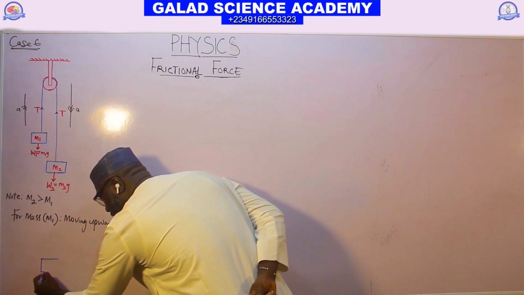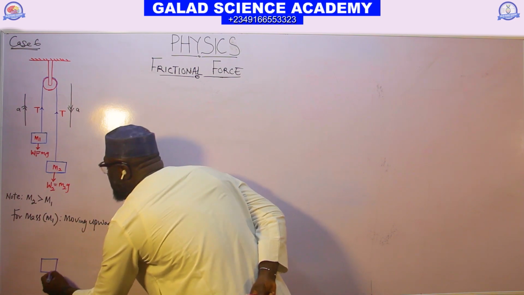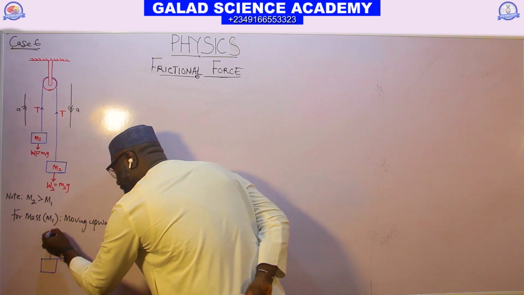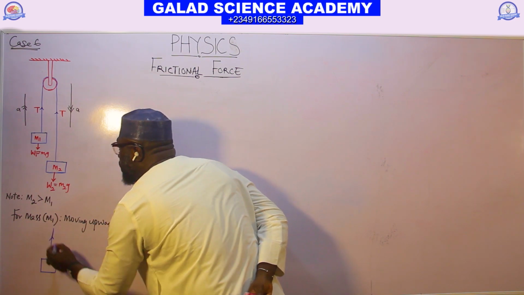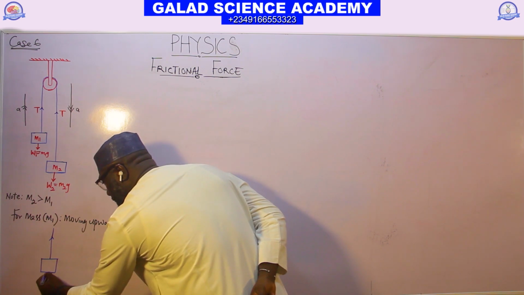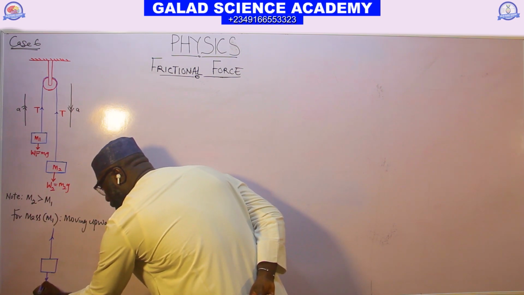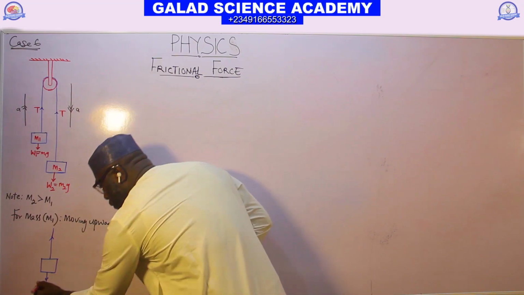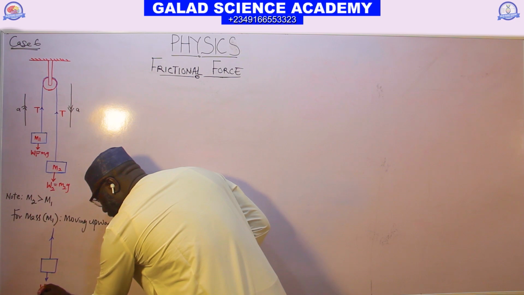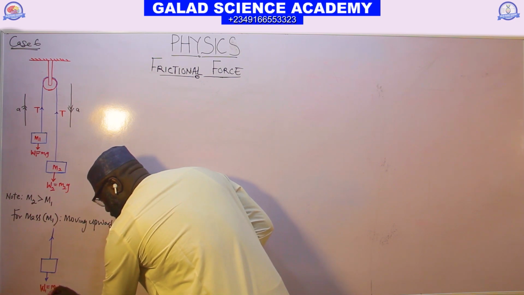By redrawing it like this, here is M1, this is the tension on the rope, and the weight of the block, W1 equals M1G, is acting downward.